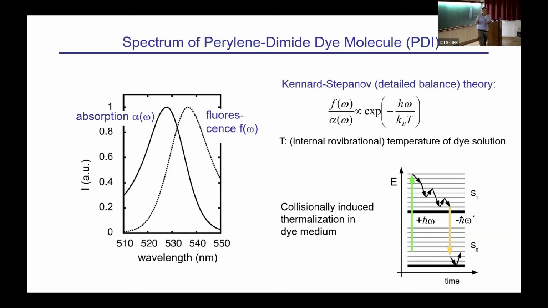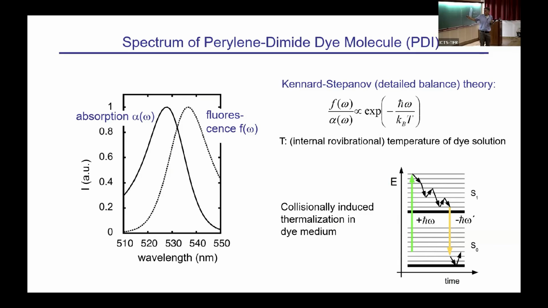Now it turns out that we have very many collisions from solvent molecules with the dye, at a rate of 10 to the 14 per second, and that's of course much faster than the upper state spontaneous decay, which is perhaps on a nanosecond time scale.